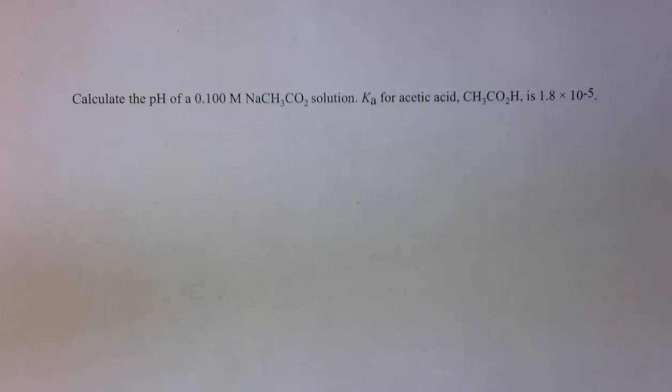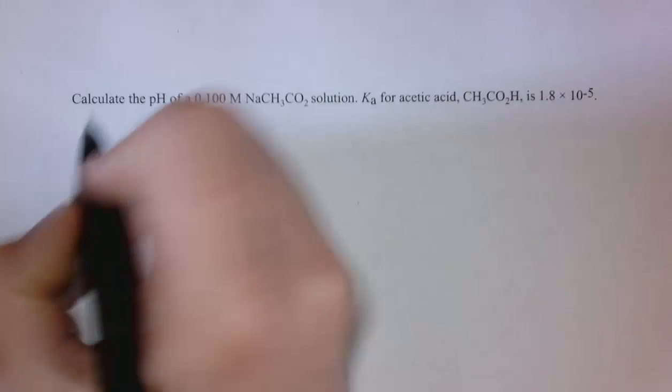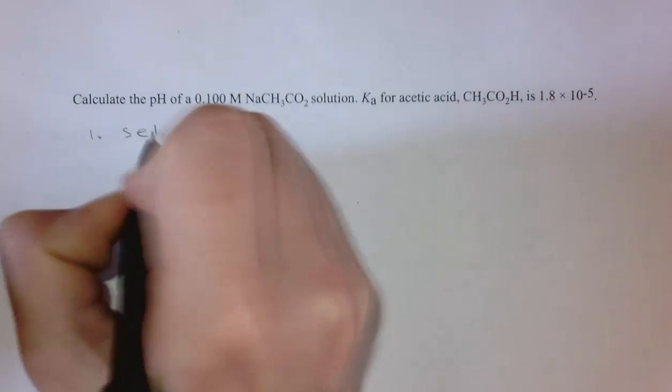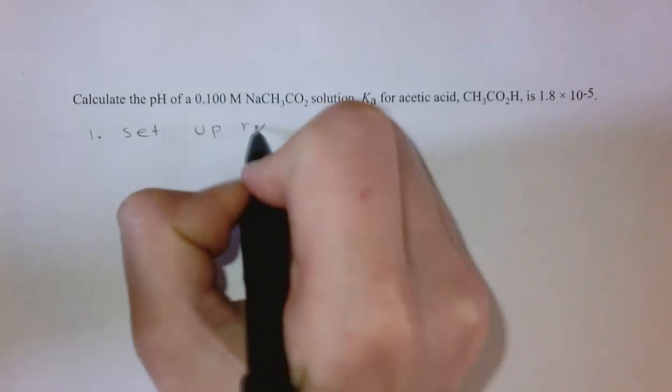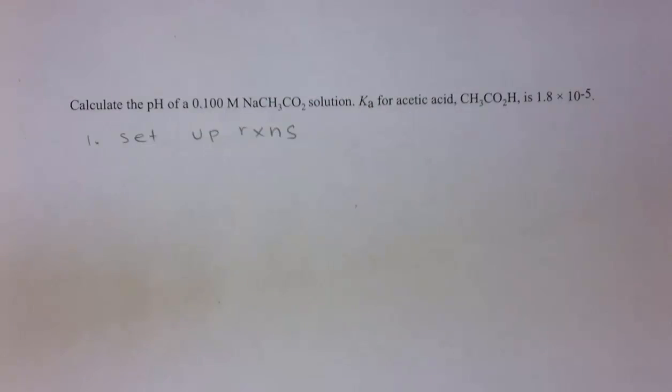So the first thing that I like to do before I even write down my governing equation is just to set up the reactions that are occurring in this problem. This is so that I understand what's acting as a base, what's acting as an acid, really what's happening.